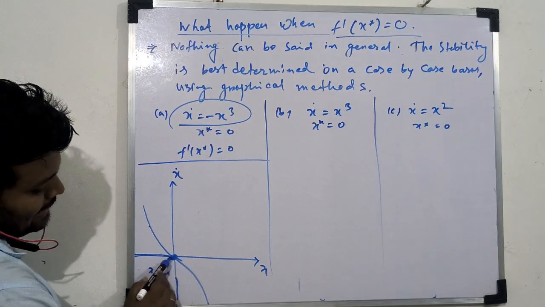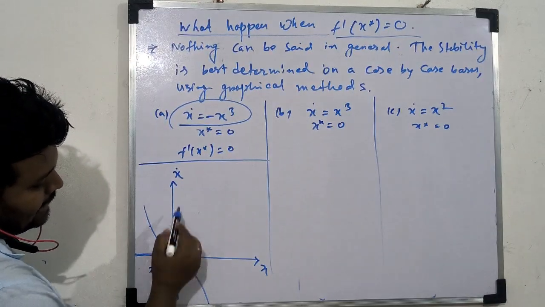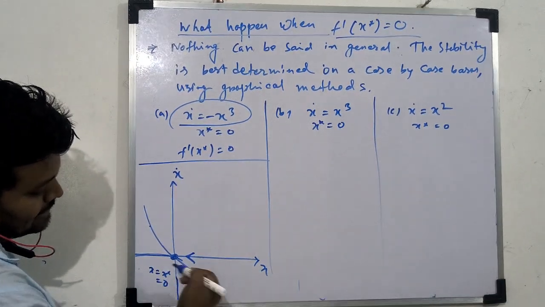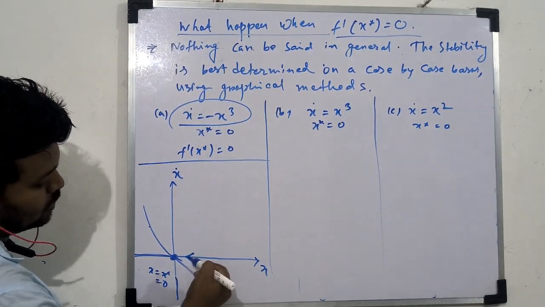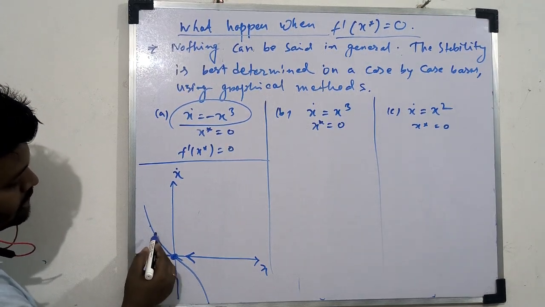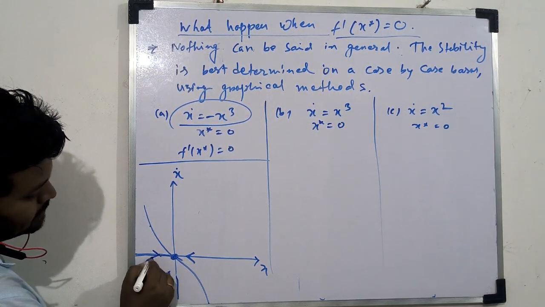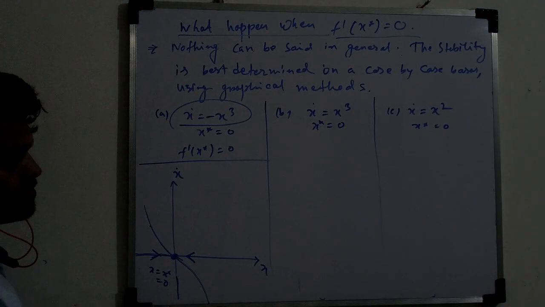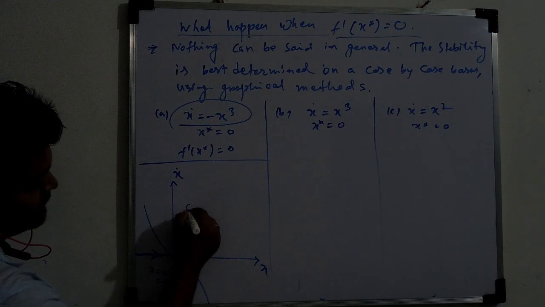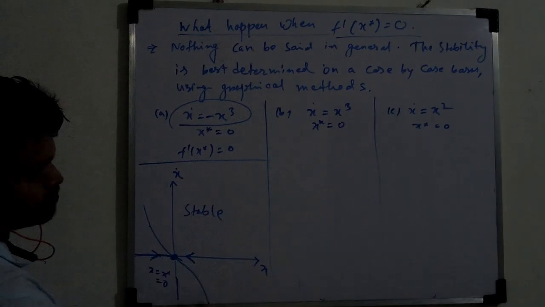On the right side the x dot is negative, so therefore this arrow will look like this, towards the equilibrium point, and in that case x dot is greater than 0, so the arrow will be toward the right side. So by the graphical method we say this is stable.